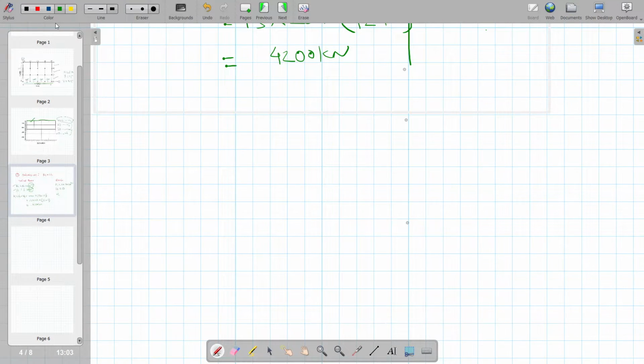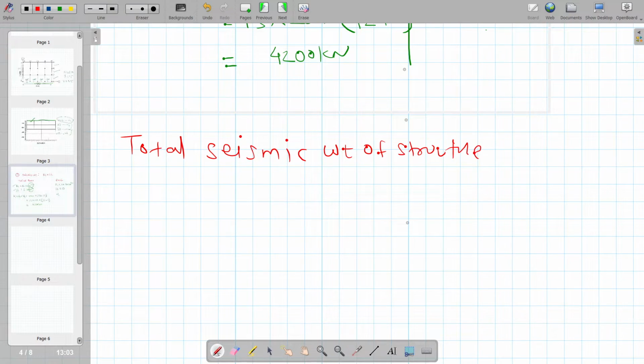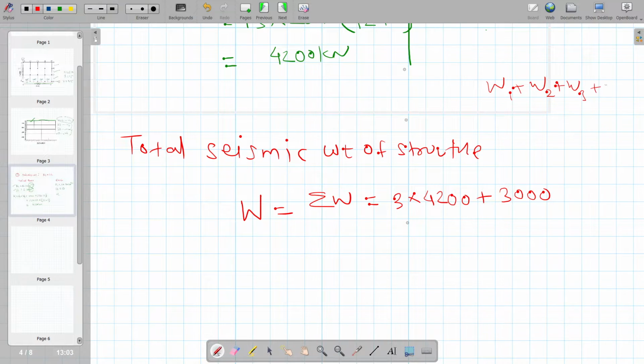Now total seismic weight of the structure. Here total seismic weight of structure, capital W, is equal to summation of all the weights, that is equal to 3 times 4200 plus 3000, because W1 plus W2 plus W3 plus W4.